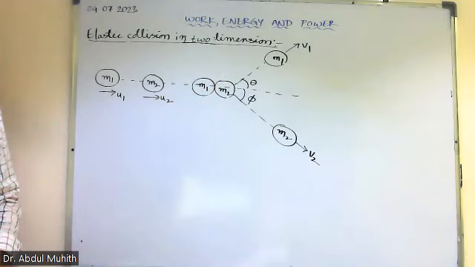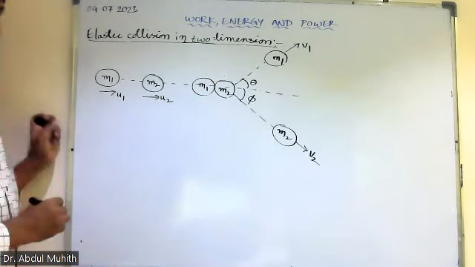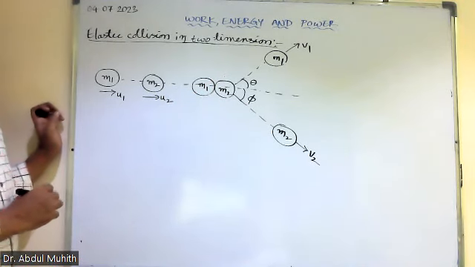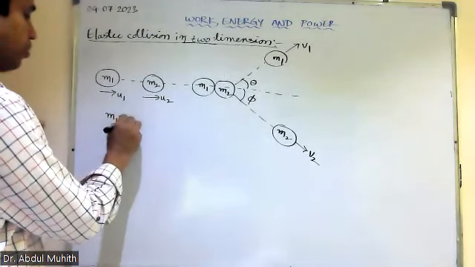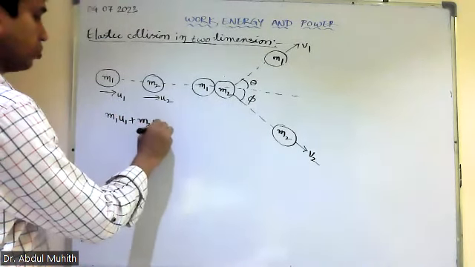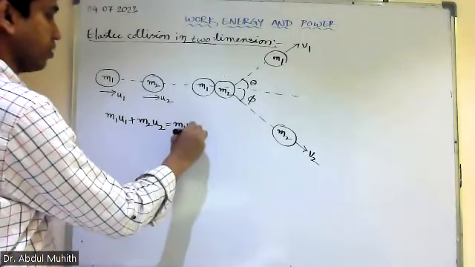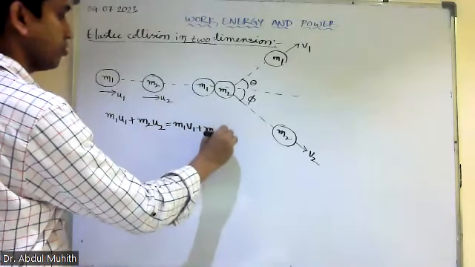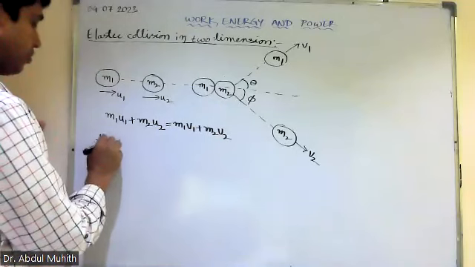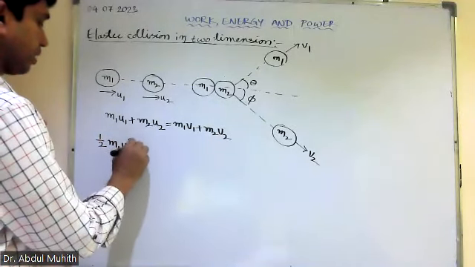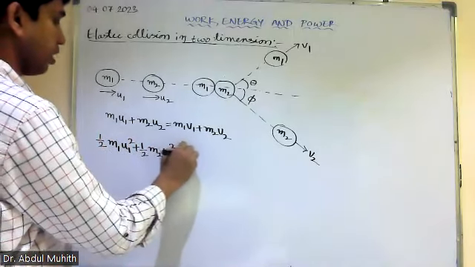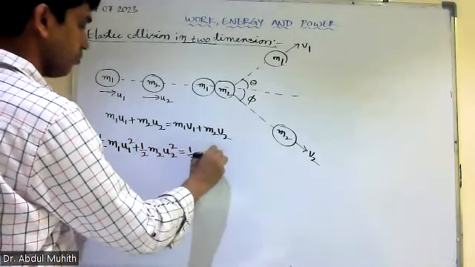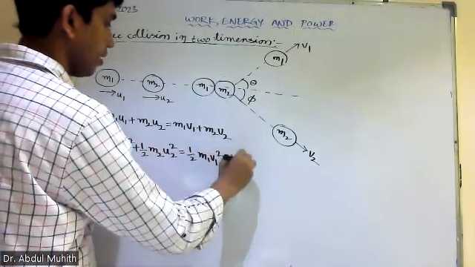Now we need to find out the components. Use the same formula. So M1 U1 plus M2 U2 equal to M1 V1 plus M2 V2, as momentum is conserved. Similarly, half M1 U1 square plus half M2 U2 square equal to half M1 V1 square plus half M2 V2 square.